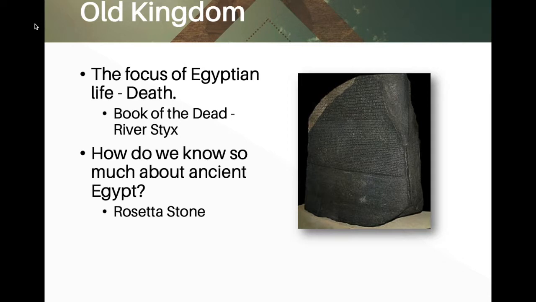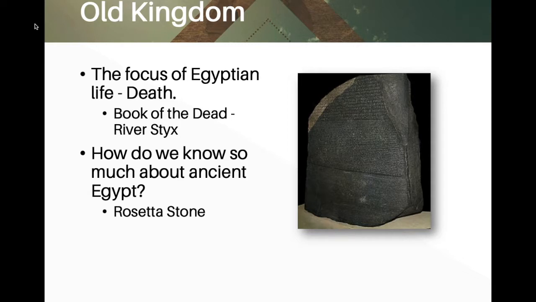So they find this. Well, it wasn't deciphered for several decades. Found in 1799, these hieroglyphs were not even deciphered until 1822. It was very difficult for them to structure this.